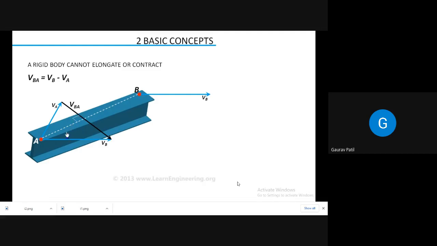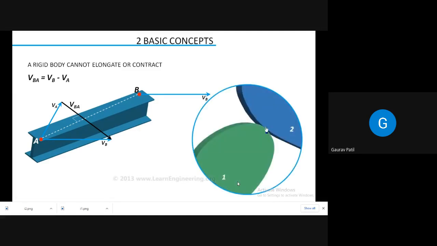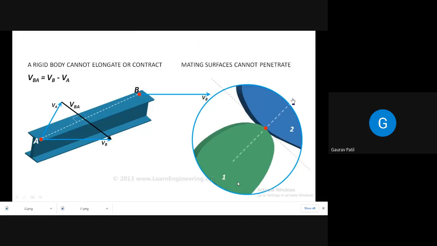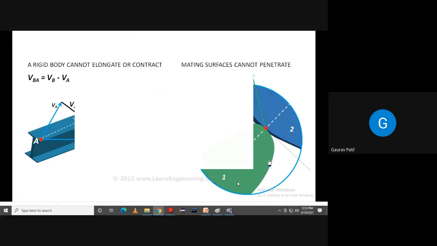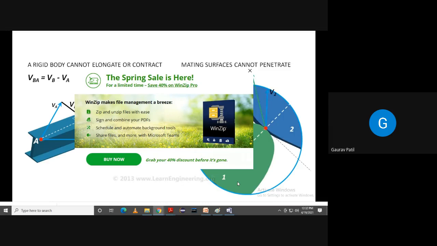Second concept is applicable to mating surfaces. Mating pair of surfaces will never penetrate. This line represents the common normal. The same point can have different velocity on different links. No penetration means velocity components of both the link velocities along the common normal should be equal.